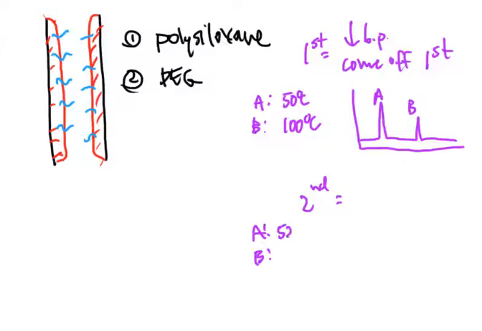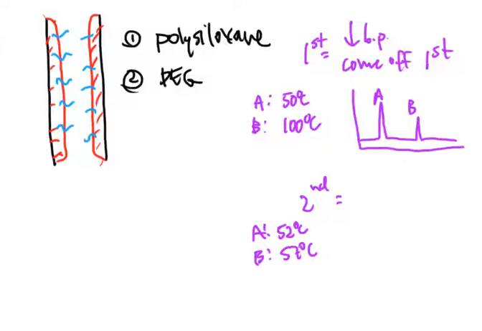Let's say this one's 52 degrees and this one's 57 degrees. Well, sometimes it might be difficult to separate these two because their boiling points are so close together. And a traditional column would not work for me for that reason.